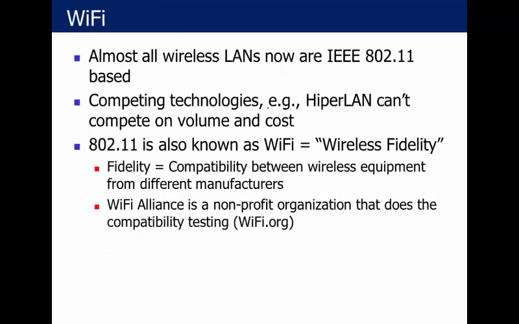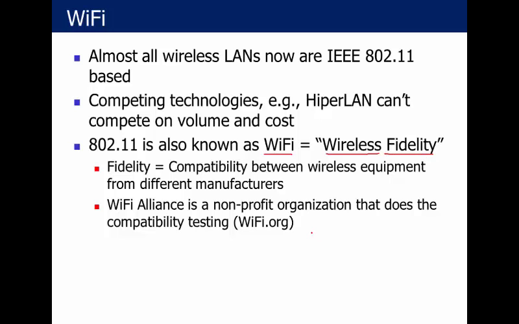Okay, so Wi-Fi. What is Wi-Fi? Wi-Fi is almost all wireless LANs over 802.11 standards, protocols. Competing technologies, for example HyperLAN, cannot compete on volume and cost. We don't have to worry about that. 802.11 is also known as Wi-Fi, which is from wireless fidelity.